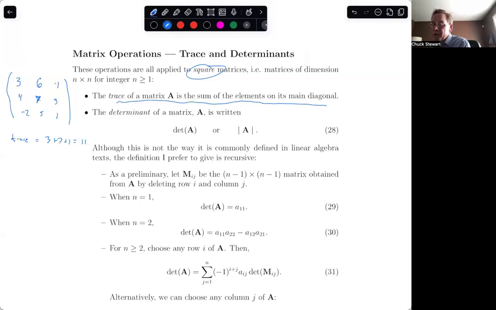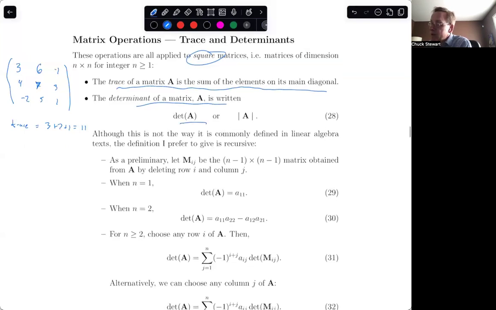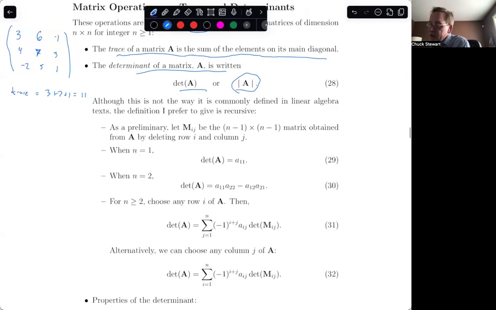It seems rather arbitrary, but there tends to be a very important component of our notion of what's going on with that main diagonal. The determinant of the matrix is written det A, or sometimes it looks like capital A between single lines. This can be defined recursively. When n equals 1, the determinant is just the component.